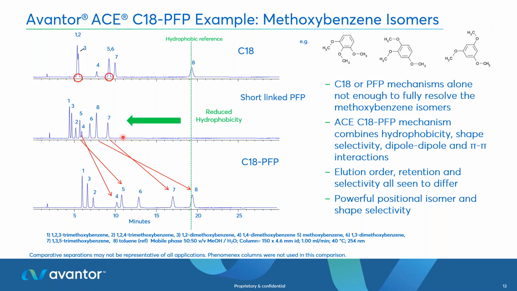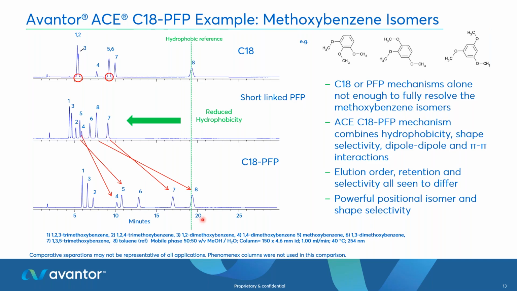But it's a short link PFP, so instead of having a long alkyl chain, you've got something like a C3 linking it to the surface, and therefore you've got a smaller separation window. The C18 PFP pulls everything apart, including that hydrophobic marker, and you get good separation. I mean, you've got too much separation here potentially.